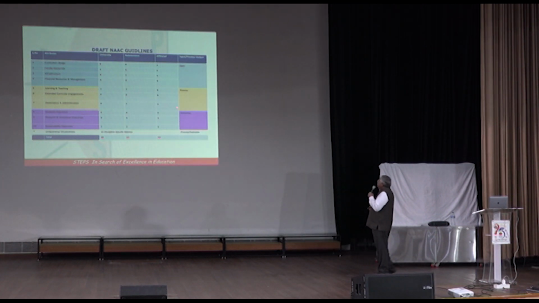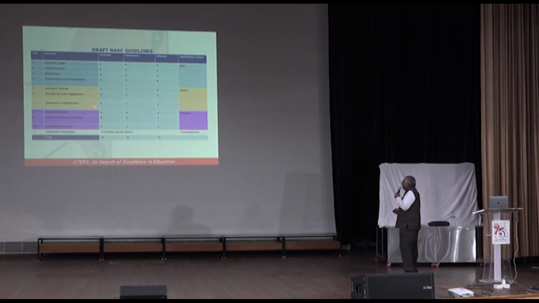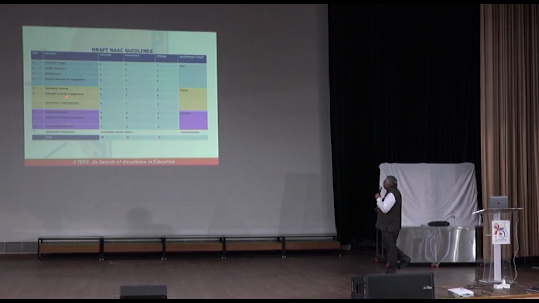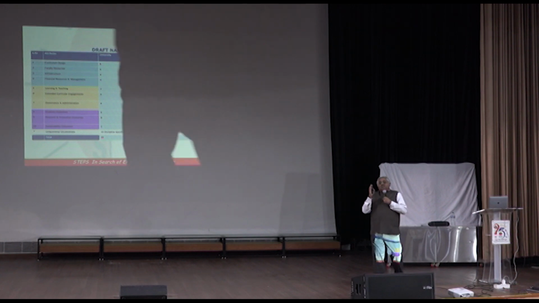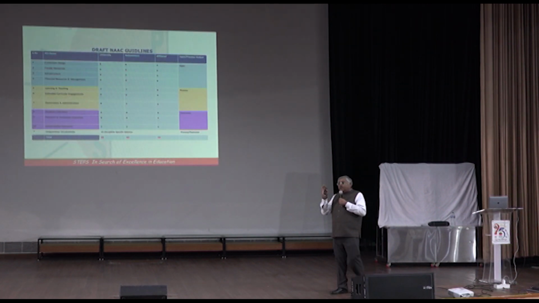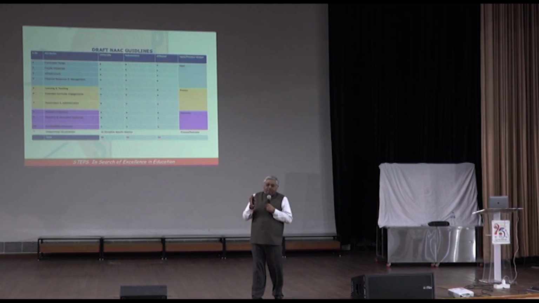Whereas processes is learning and teaching, extracurricular and governance and administration. Outcomes is student outcomes, research, innovations and sustainable outcomes. Now sustainability, UN Sustainable Development Goals have been included in NBA also as well as in NAC.